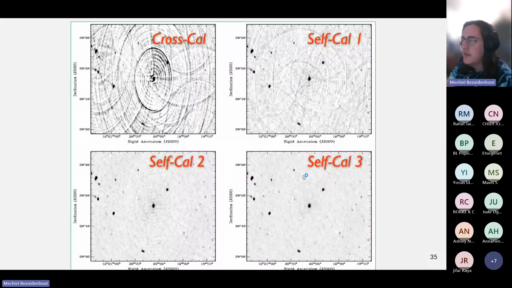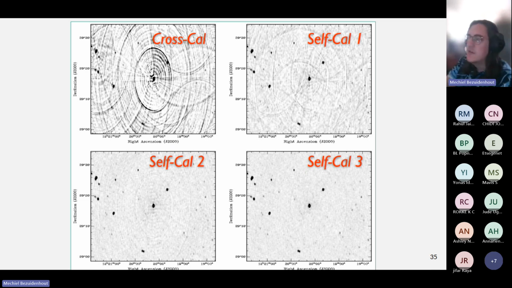But you have to be mindful of the fact that we can only correct errors in the image that arise from imperfect calibration. You cannot correct errors that come from incomplete visibility sampling. So not all artifacts in your image can be solved by using self-calibration.